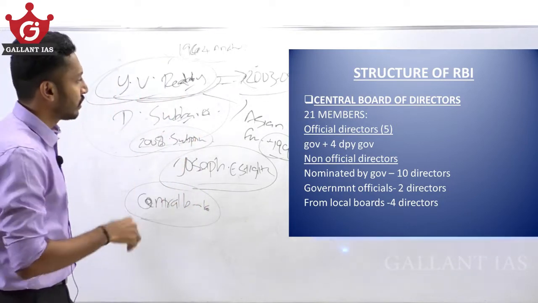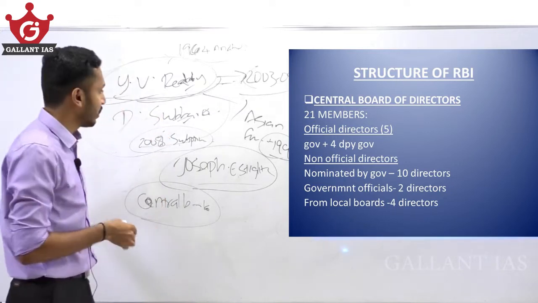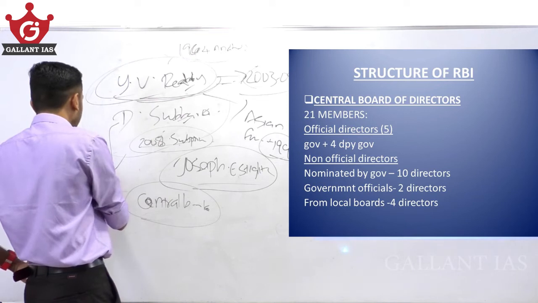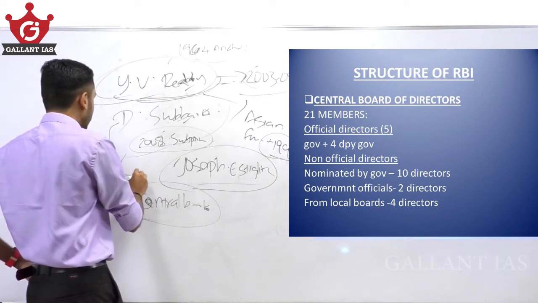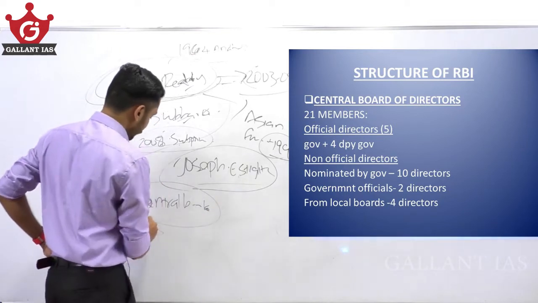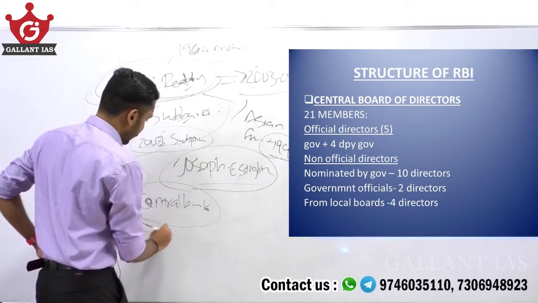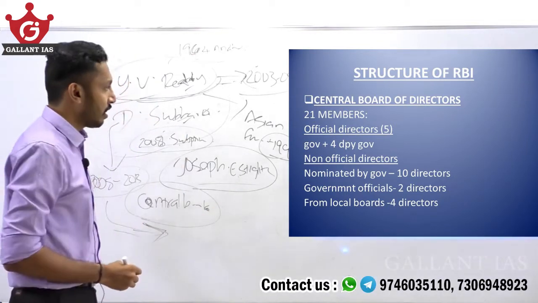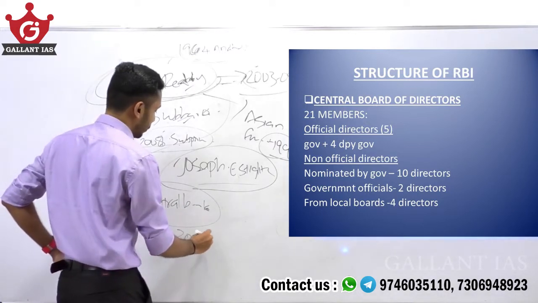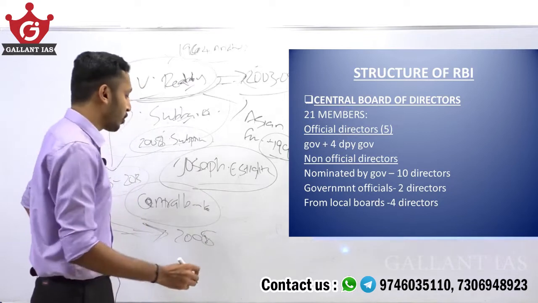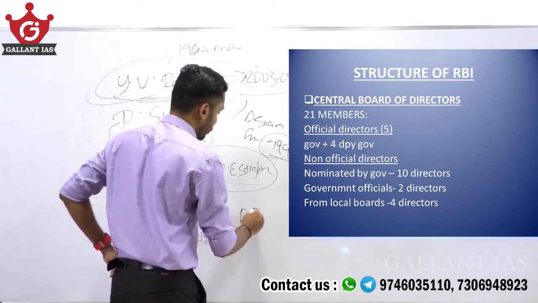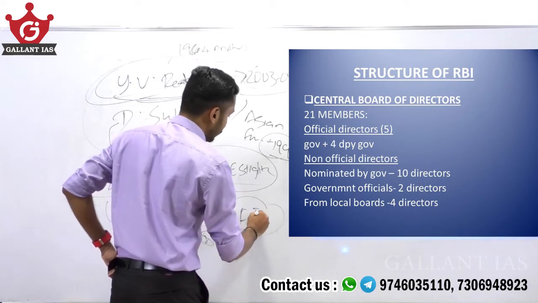That is because of these two governors. D. Subbarao became RBI governor in 2008 till 2013. He is the person who led India through this world financial crisis of 2008, and his contribution to financial inclusion programs made this term a reality.